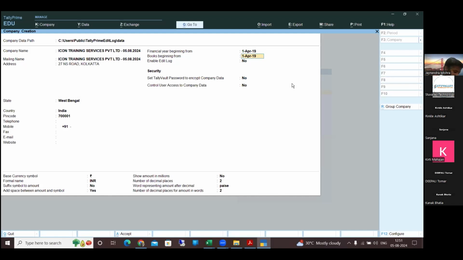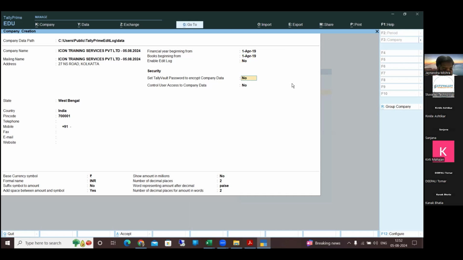So books of accounts also we are going to maintain from 1st April 19. What are books of accounts? Journal, ledger, cash book. This is called books of accounts. So the day when your financial year starts, we have to maintain the books of accounts from the same day only.